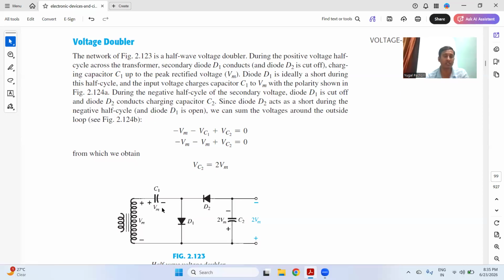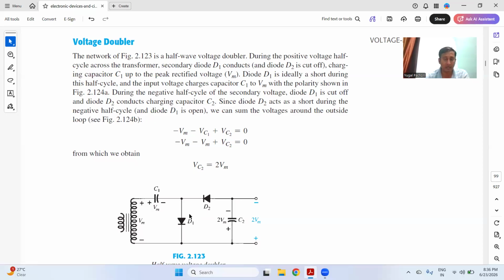Those who study electronics can understand how the capacitor gets charged. It charges fast and discharges slow. The graph is like this.